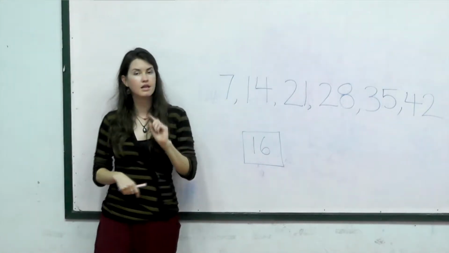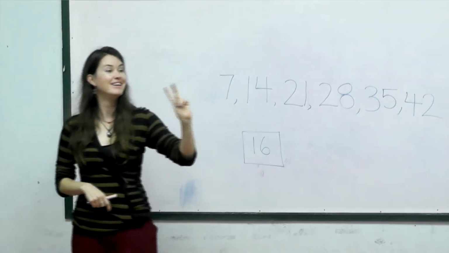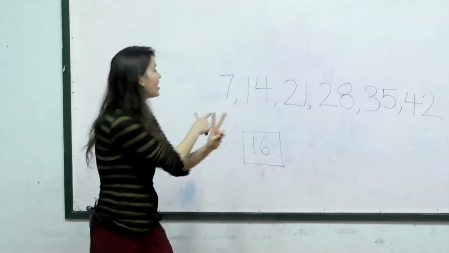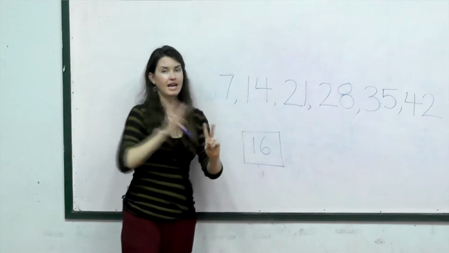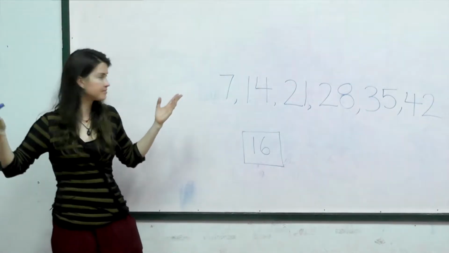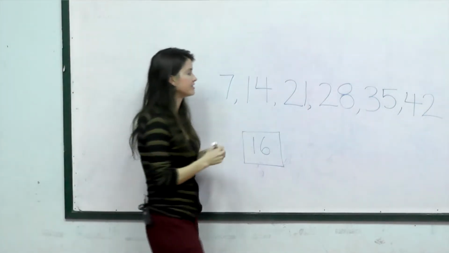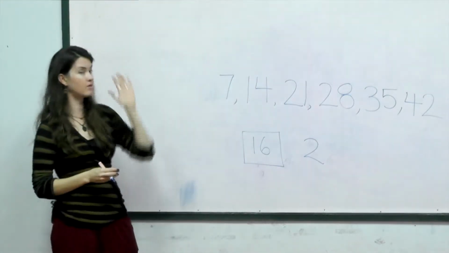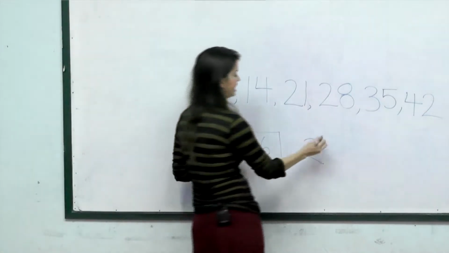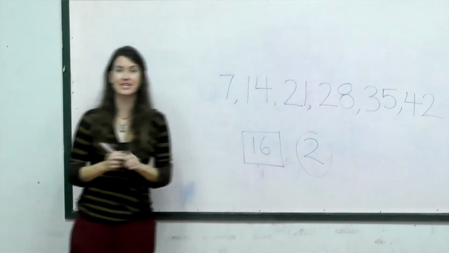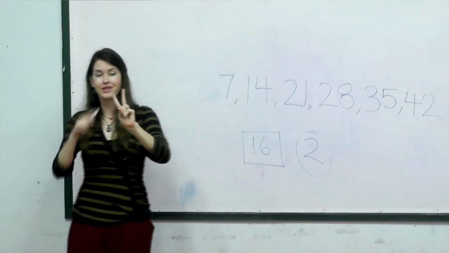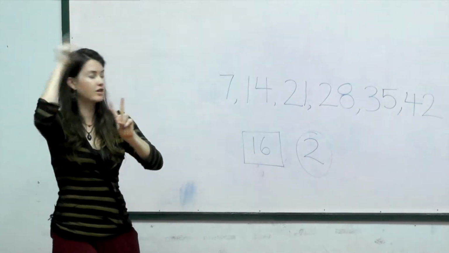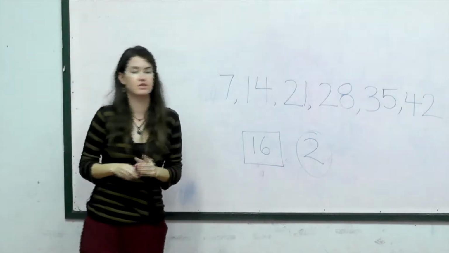Let's count. 7, 14. And we stop. Why do we stop? Good. It's higher. If we go to 21, that's too high. So we want to stop right at 14. You got it, friends. We're going to stop right at 14, because 7, 14, we're finished.